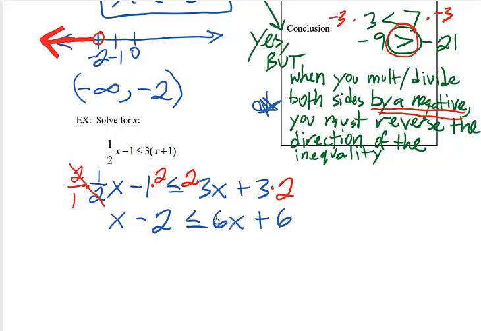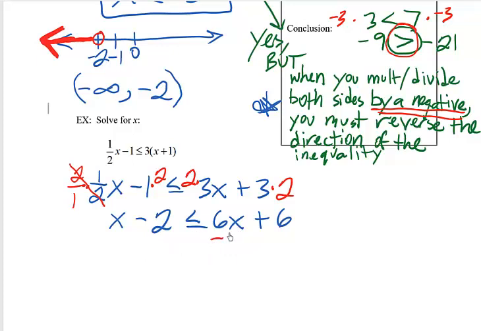It looks like I need to move some terms around now using subtraction or addition. One thing I will say is this. You know how with equations you really have the choice whether you could put the x's on the left or whether you could put the x's on the right? When you're doing an inequality, I would strongly advise you to always put your x's on the left. It's not that it's impossible to put them on the right, it's just more difficult to read from right to left when you're dealing with an inequality.